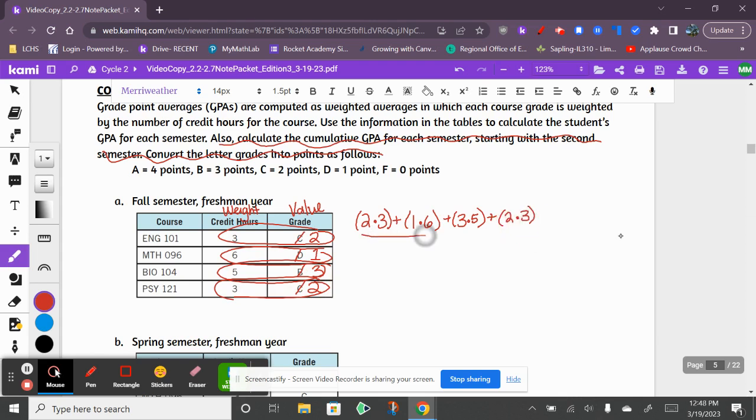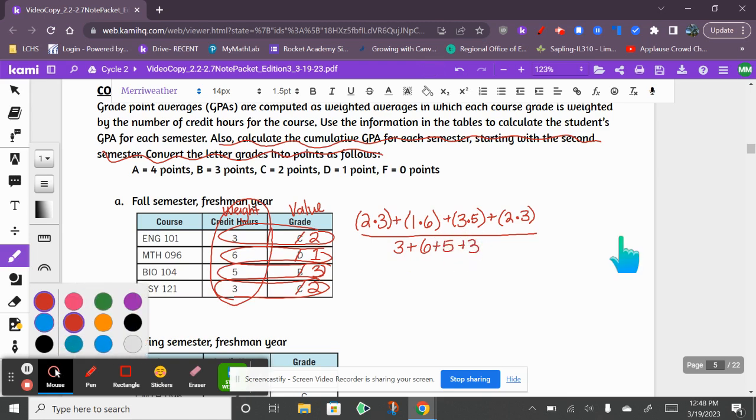For the sum of the weights, you're going to add up the number of credit hours. So it's going to be 3 plus 6 plus 5 plus 3. If we multiply inside the parentheses, we get 6, 6, 15, and 6.